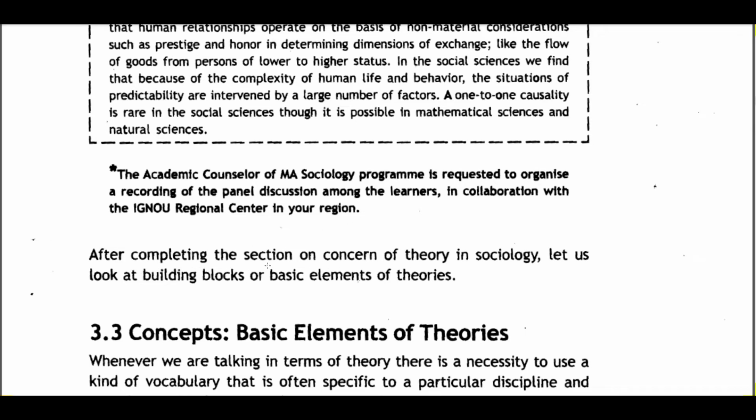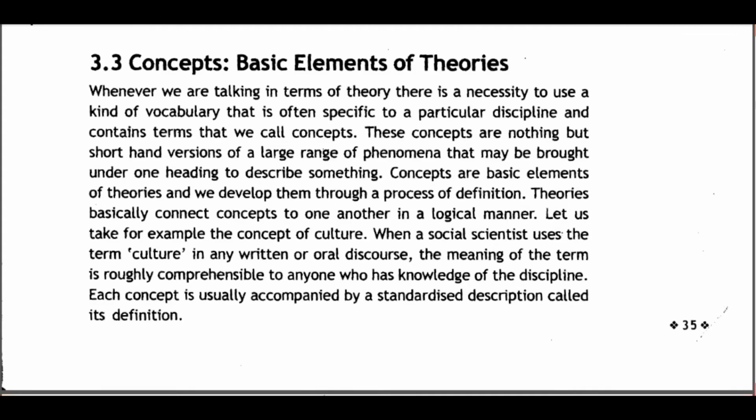After completing the section on the concern of theory in sociology, let us look at the building blocks or basic elements of theories. 3.3 Concepts, basic element of theories. Whenever we are talking in terms of theory, there is a necessity to use a kind of vocabulary that is often specific to a particular discipline and contains terms that we call concepts.